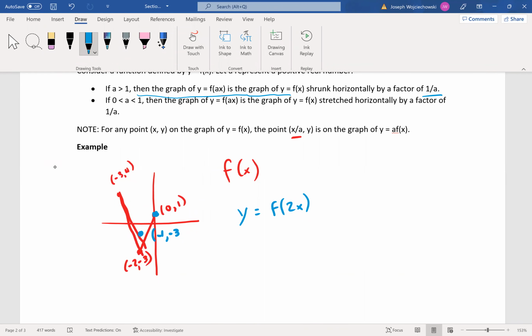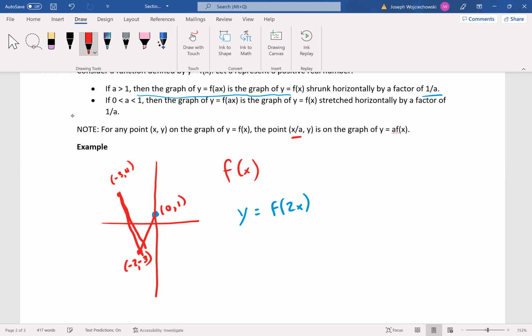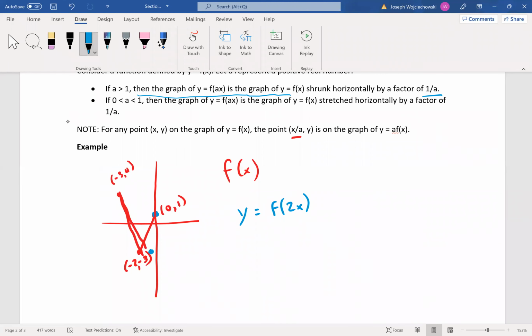Oops, I did that backwards. Now instead of -2, -3, we have -1, -3.